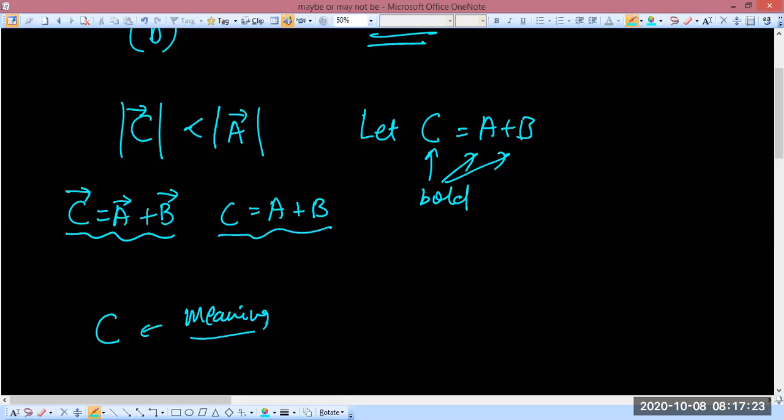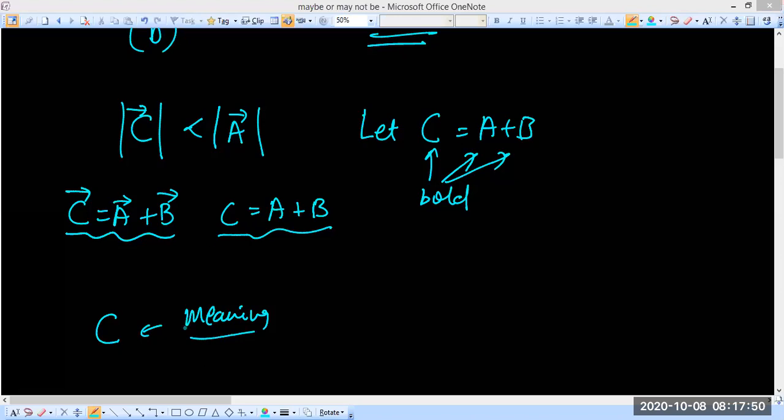Magnitude of what? Jay, resultant vector, that is absolutely wrong. So many of you got it right.